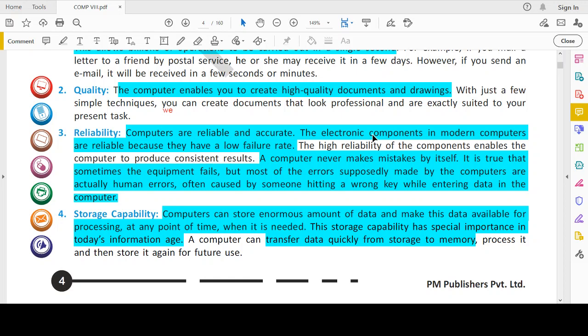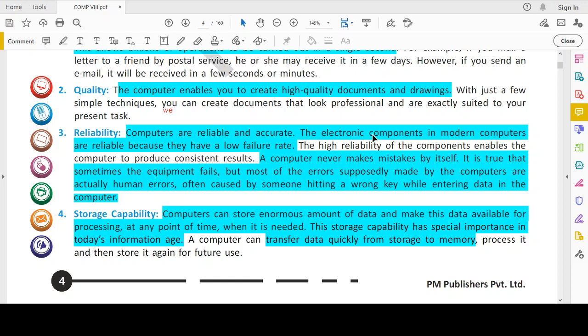Whatever the input is, according to the instructions, it will generate the right output. If the equipment fails, then it cannot work properly. Then you cannot blame the computer for its result. But if it is working properly, it will generate reliable and accurate results.